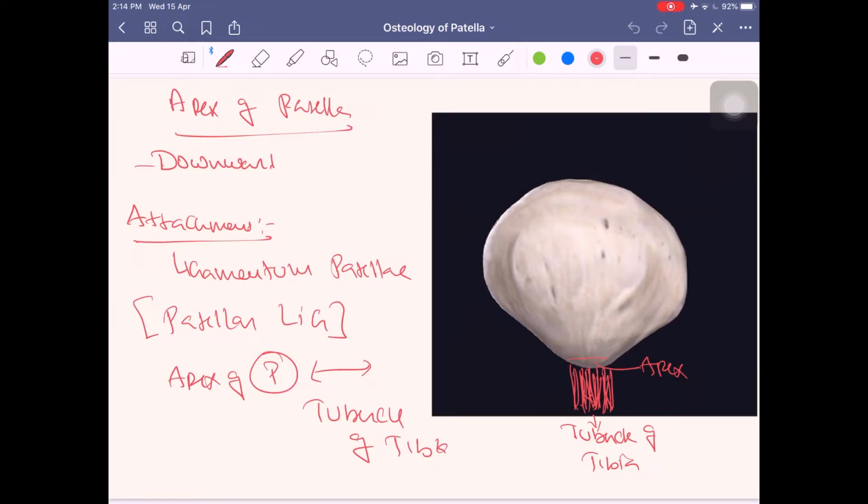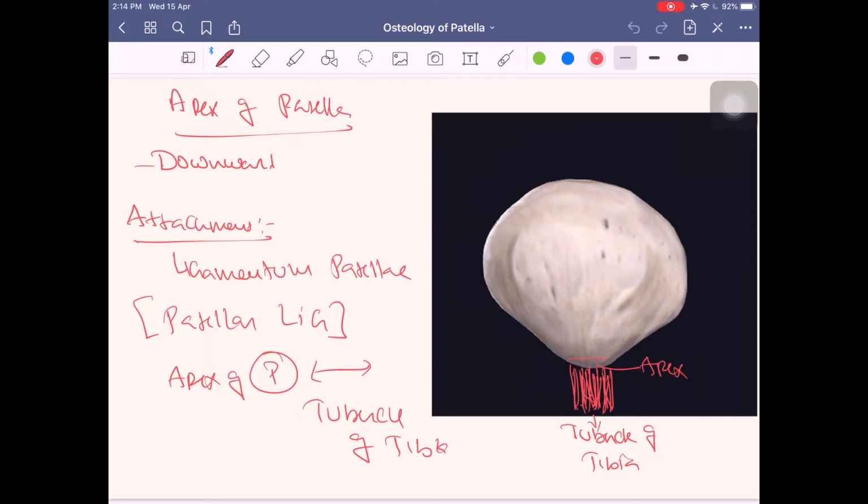So let us see the ligamentum patellae in our application, how it looks like. Now before I go there, what exactly is your ligamentum patellae? One second, I think pen is not detecting. So I was telling ligamentum patellae.